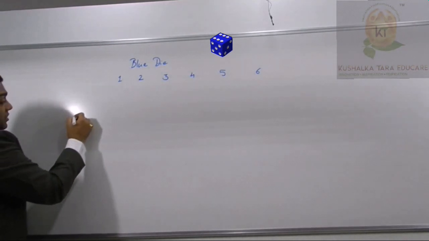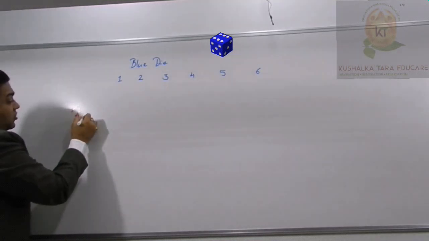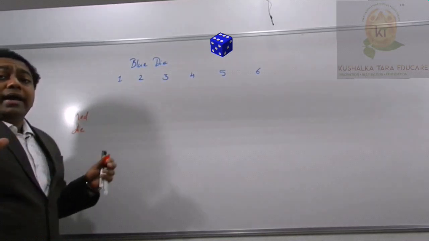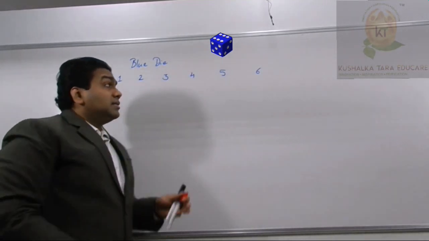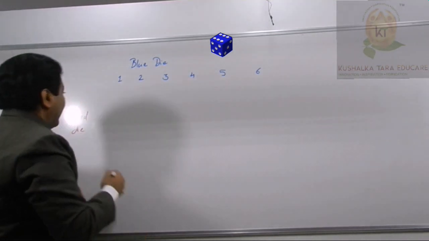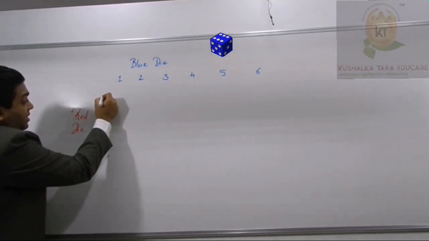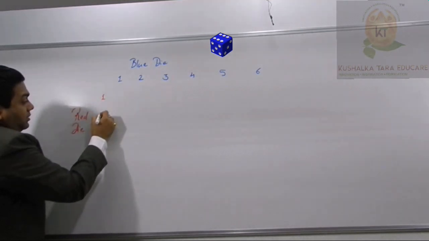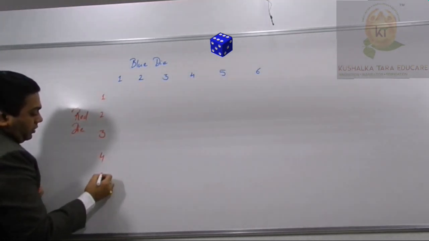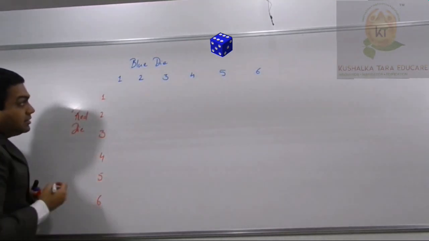And then I have a red die, which I will write vertically. That's how you do it for any lattice diagram. This is a lattice diagram which has two aspects only in it. So my red colored die is again numbered 1, 2, 3, 4, 5, and 6.